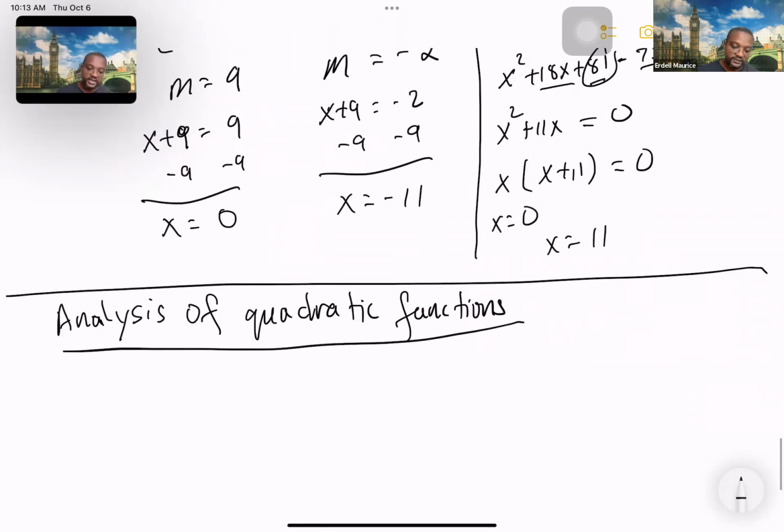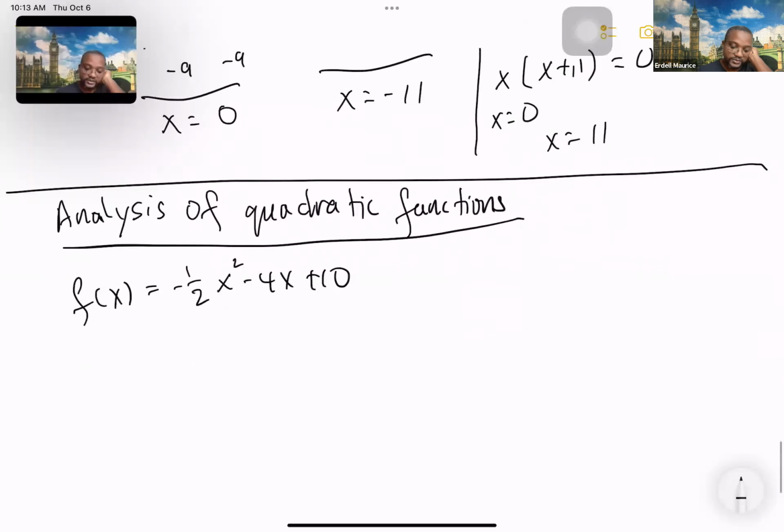In this, for example, f of x is equal to -1/2 x squared minus 4x plus 10. And then they ask us questions about this quadratic function. For example, what direction does this graph open? Does it open upwards or open downwards?